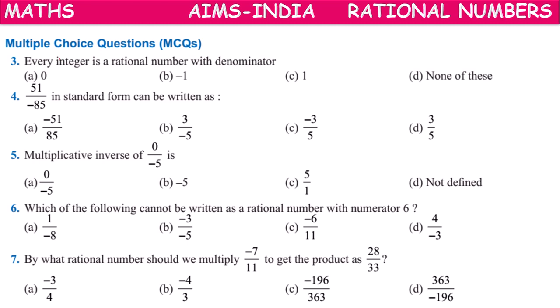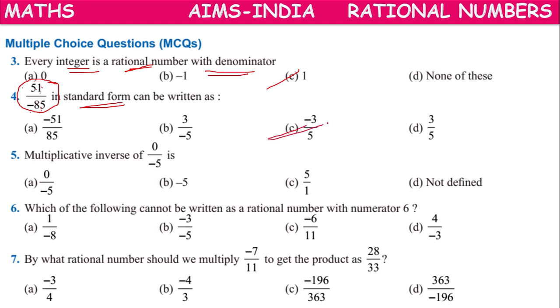Next, multiple choice questions. Every integer is a rational number with a denominator 1. 51 by minus 85 in standard form can be written as, minus we have to keep up, that is 51 divisible by 3 or divisible by 17. 17 3 times, 17 5 times.